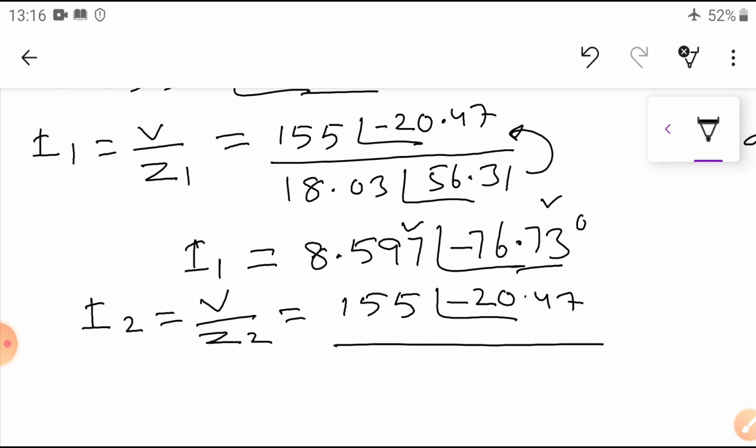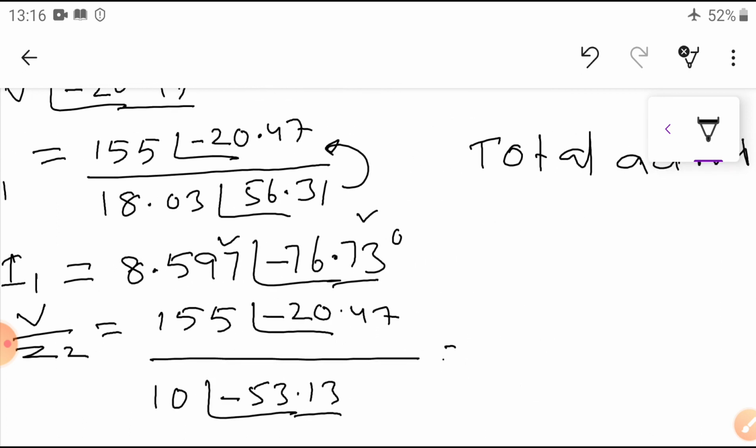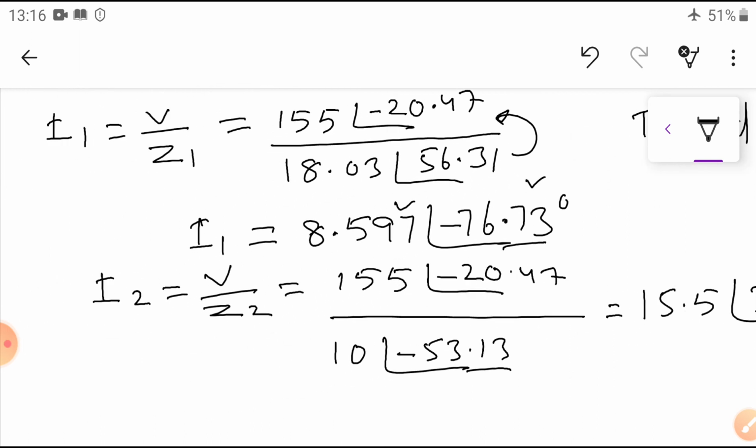So what is the Z2? 10 at an angle of minus 53.13. Then the minus sign goes there, so we are going to get that value. So here 15.15, so 32.71 degrees. So this is equal to I2.